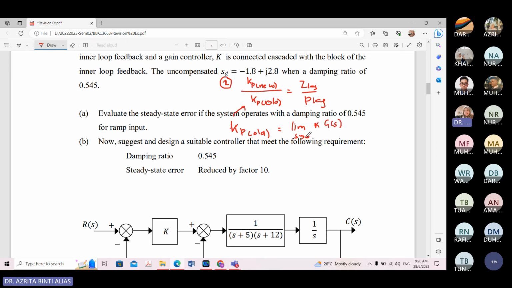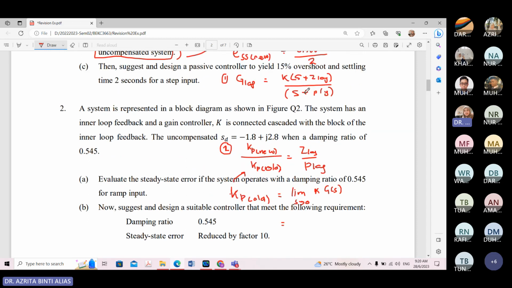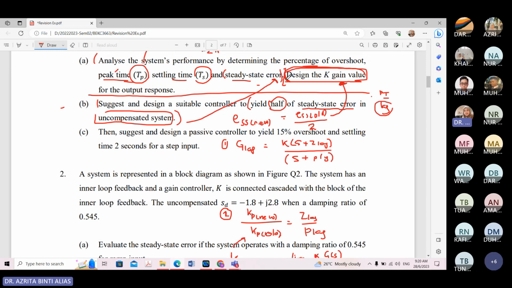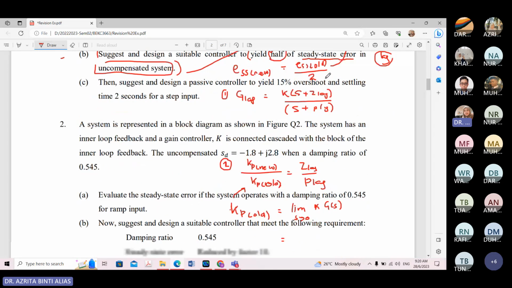We already obtained the value of gain K in question A, so we just use the value of gain K here.